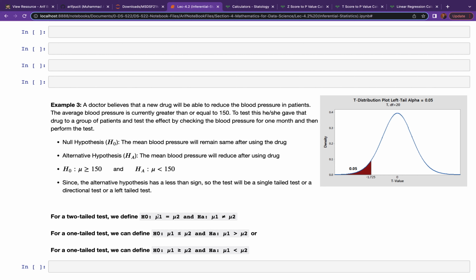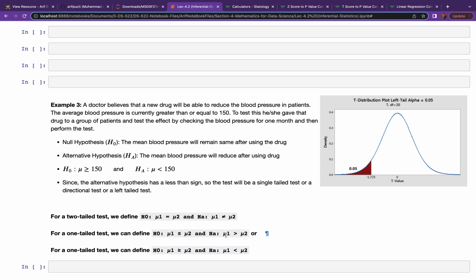So to summarize, the null hypothesis will always compare the two means using either the equal to sign or less than or equal to sign or greater than or equal to sign. And naturally, the alternative hypothesis will have the opposite signs as shown over here.